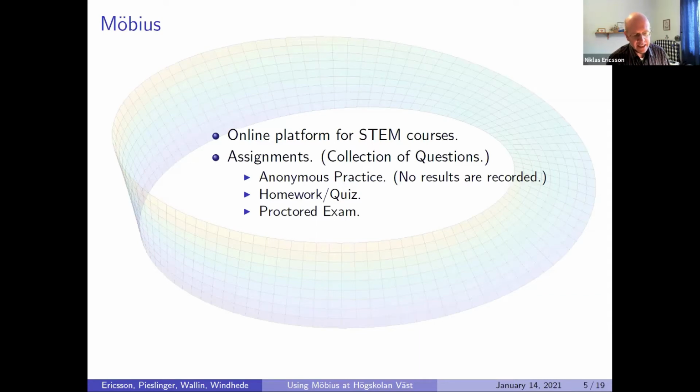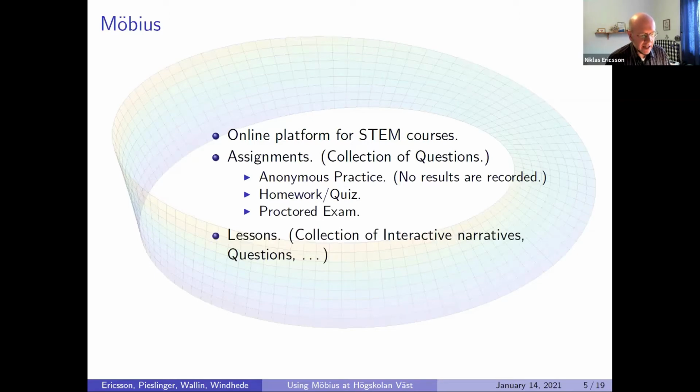An assignment is simply a collection of questions that the students can work with online. These assignments can be of different kinds. The simplest one is just an anonymous practice, only for practicing purposes. Then no results are recorded. Then there are also other types that you can use for homework or quiz, where the results are recorded. And you can also work with proctoring if you would like to have it as an exam.